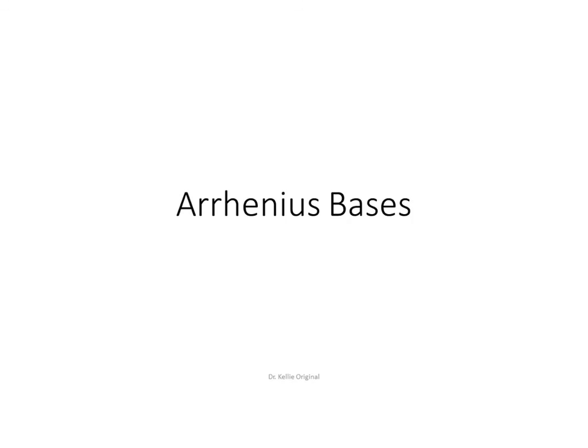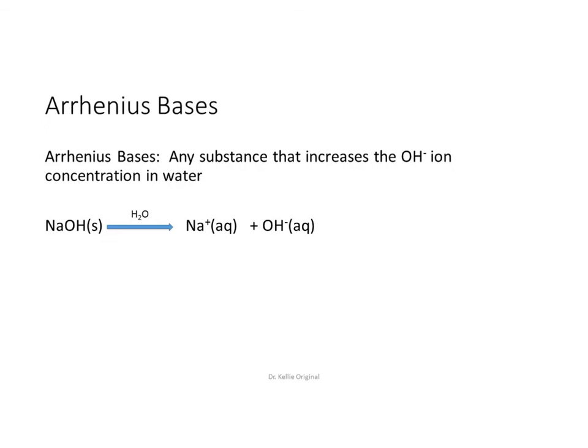Which, coincidentally enough, brings us to the next topic of conversation, Arrhenius bases. An Arrhenius base is any substance that increases the hydroxide ion concentration of water. In case you've forgotten, OH negative is the hydroxide ion.